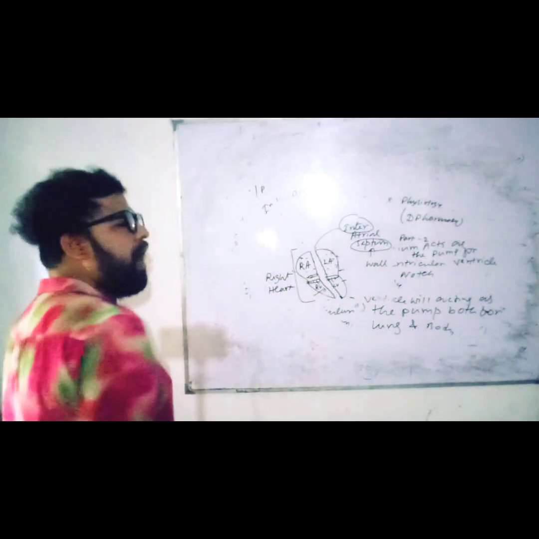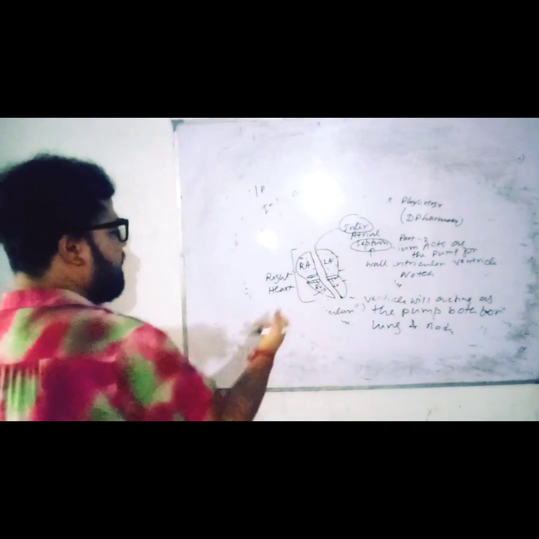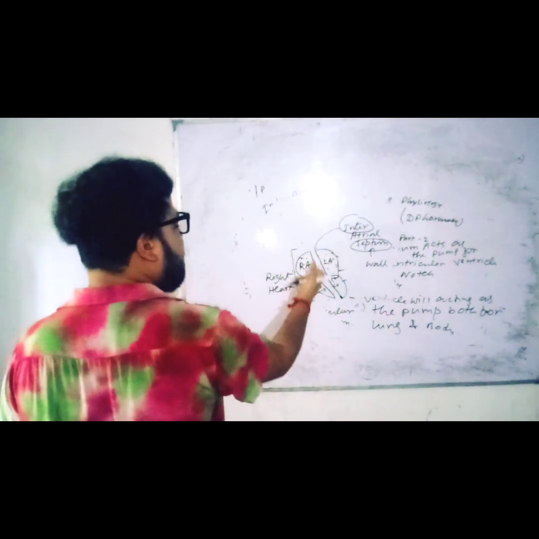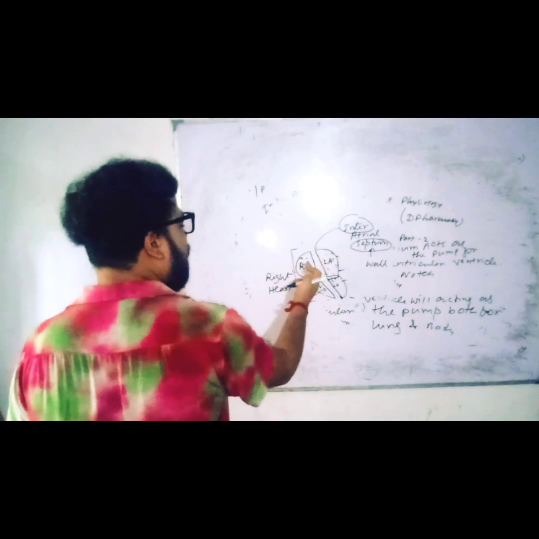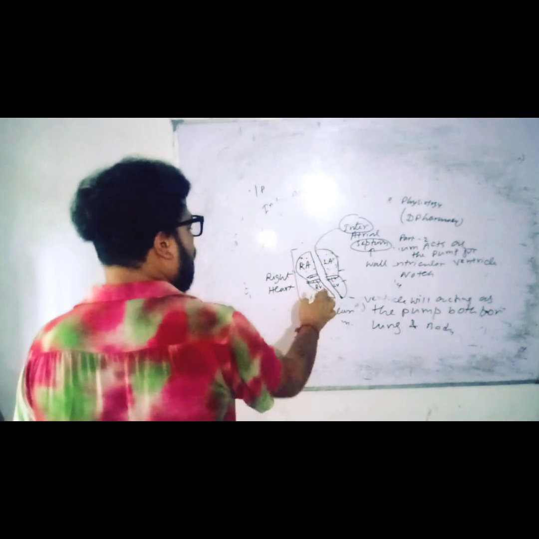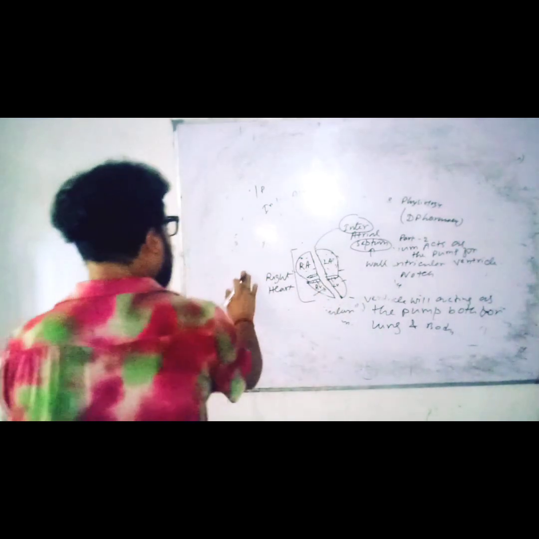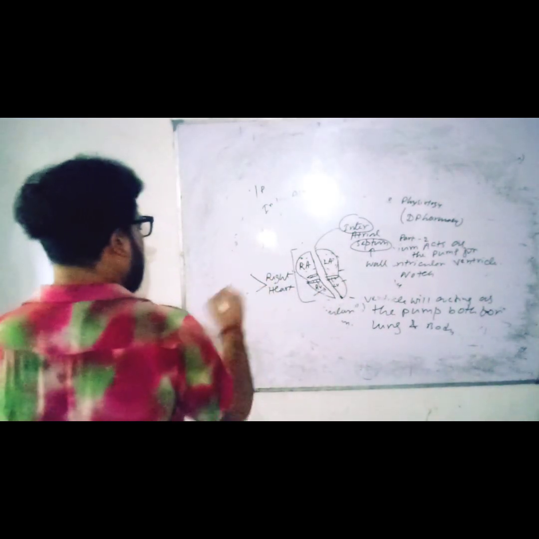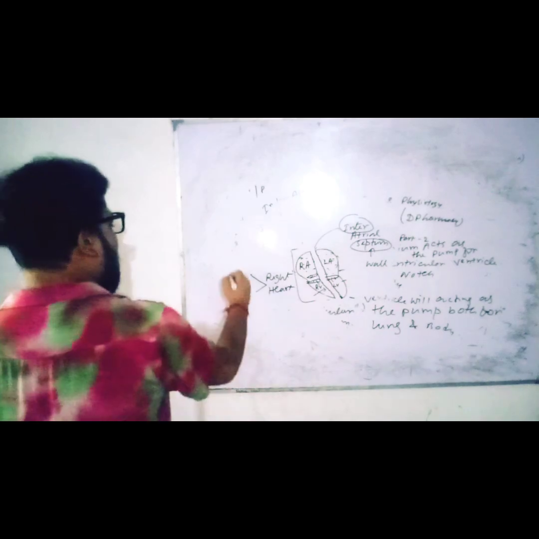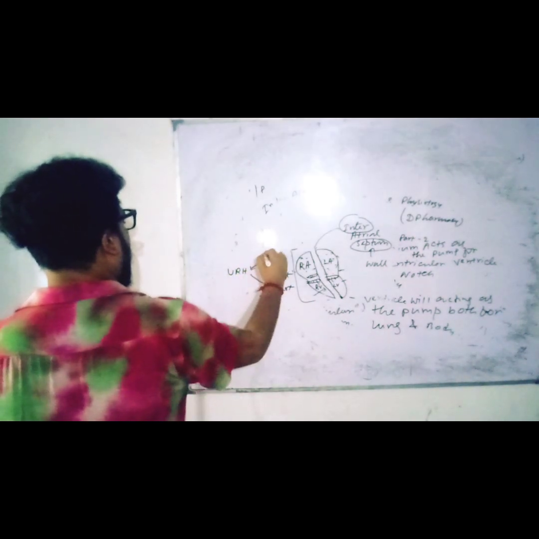And this right heart further has two chambers. The upper chamber on the right side is called right atrium, and the lower chamber on the right side is called right ventricle. So right heart basically has two chambers.